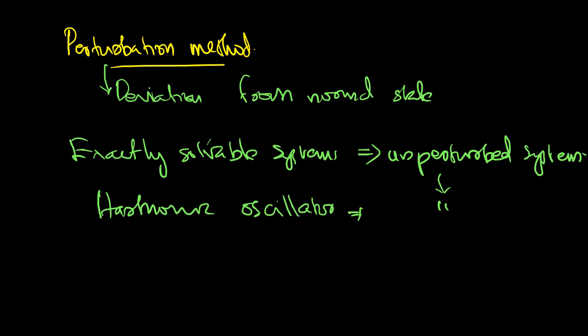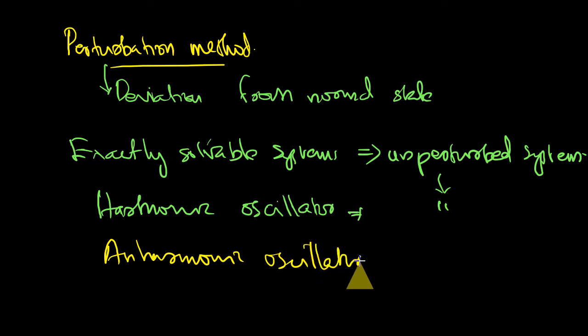But now you consider an anharmonic oscillator. An anharmonic oscillator means there is a deviation from its harmonicity, and this anharmonic oscillator can be regarded as a perturbed system.